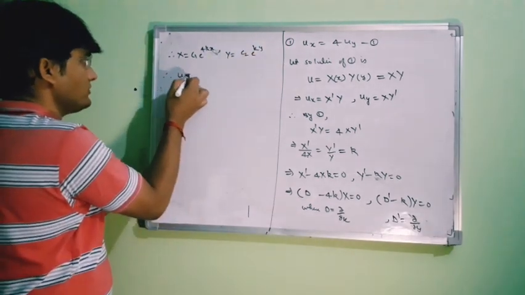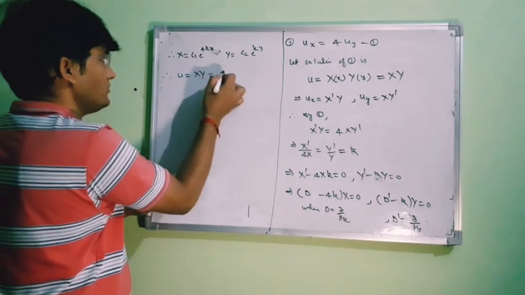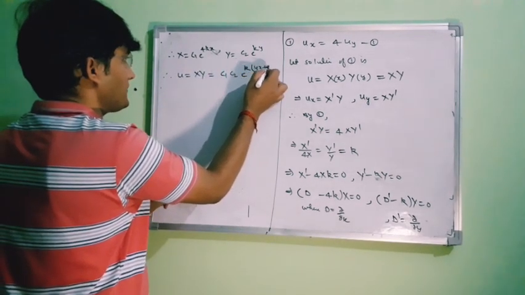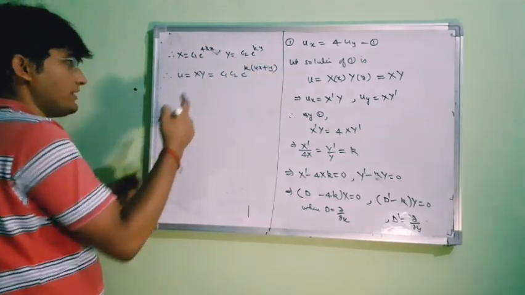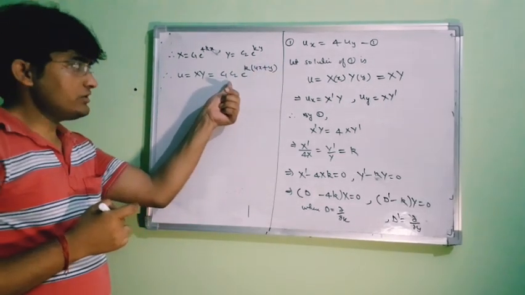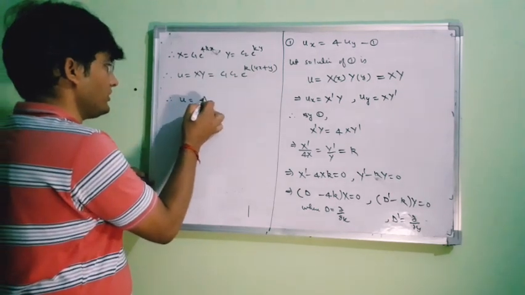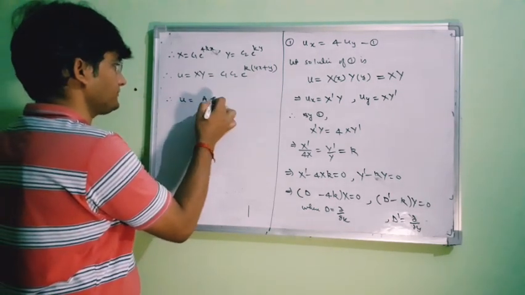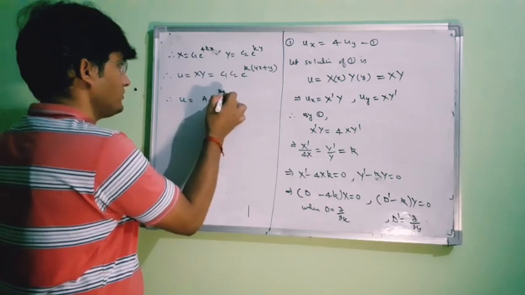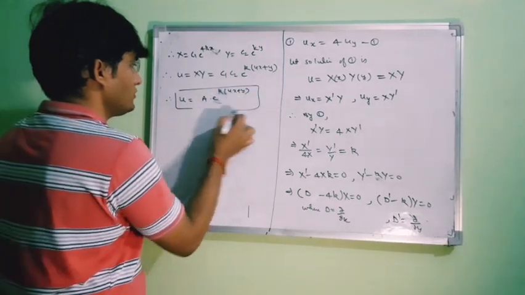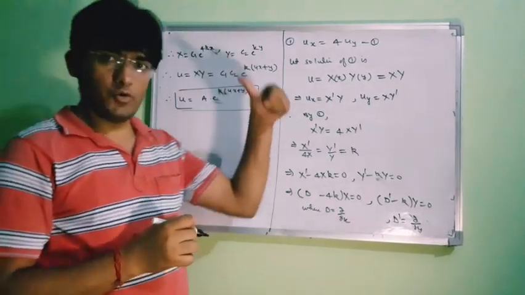Therefore your solution is u equal to X into Y, which is c1 into c2 e to the power k(4x plus y). Or we can also write c1 into c2 as another constant. Therefore u equal to a times e to the power k times (4x plus y). So this is the common solution for both parts.